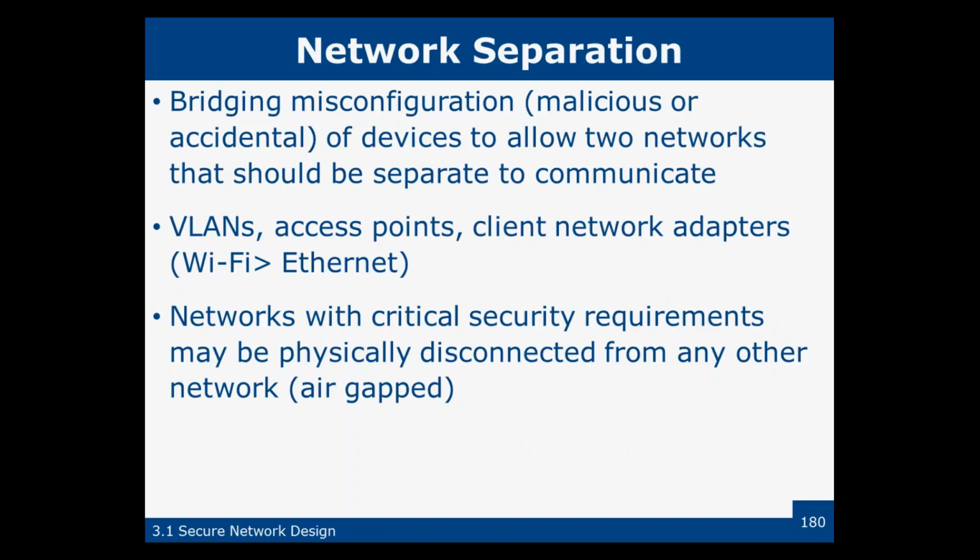This is the Wi-Fi to internet if we have this thing improperly configured, an improper separation. If you have something that really needs to be secure, it may be physically disconnected from other networks. It's called air-gapped. It's not allowed to communicate with the rest of the network.